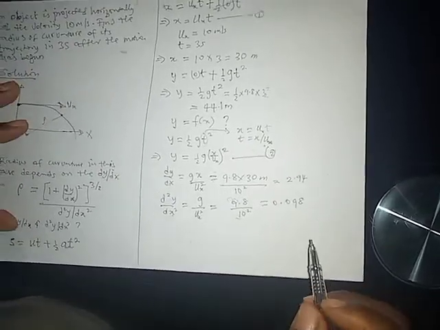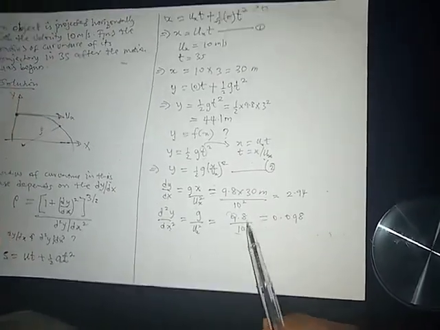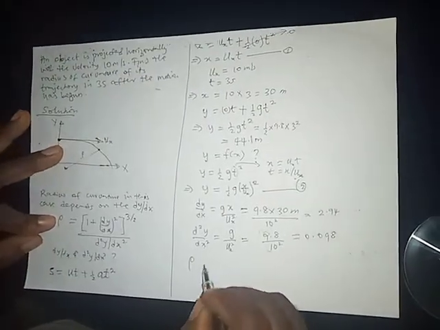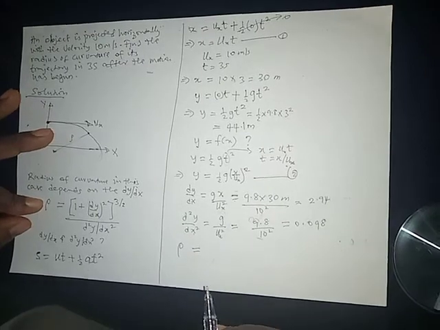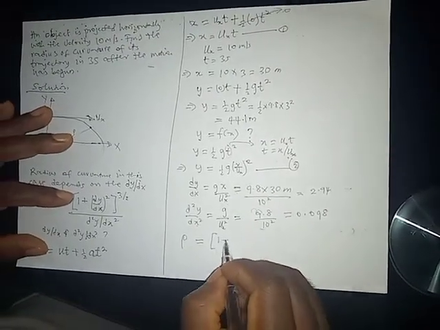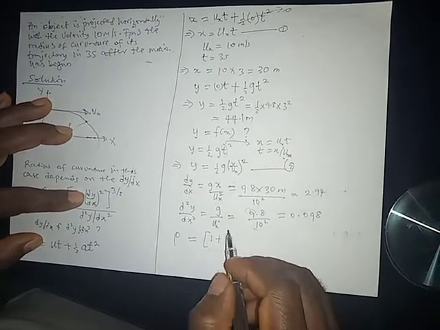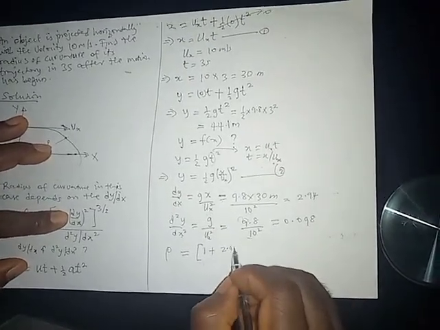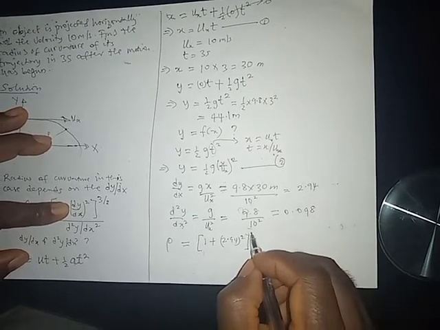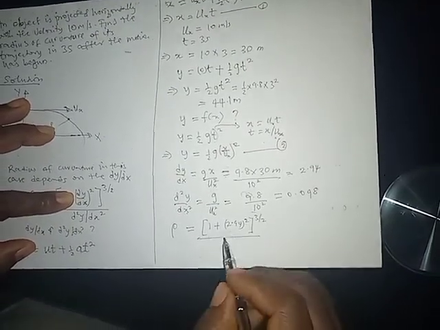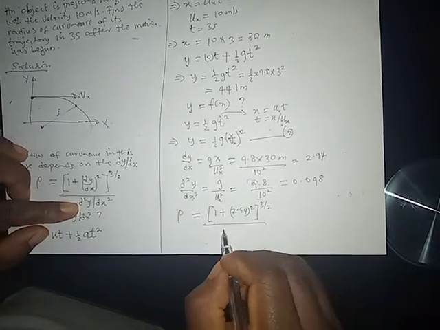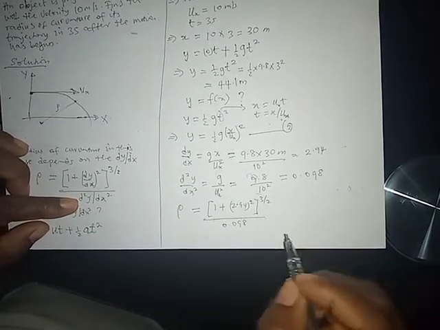So therefore we can substitute all of this into the formula that we have, and that will give us 1 plus 2.94 squared, then with this, divided by d squared y by dx squared, that is 0.098.